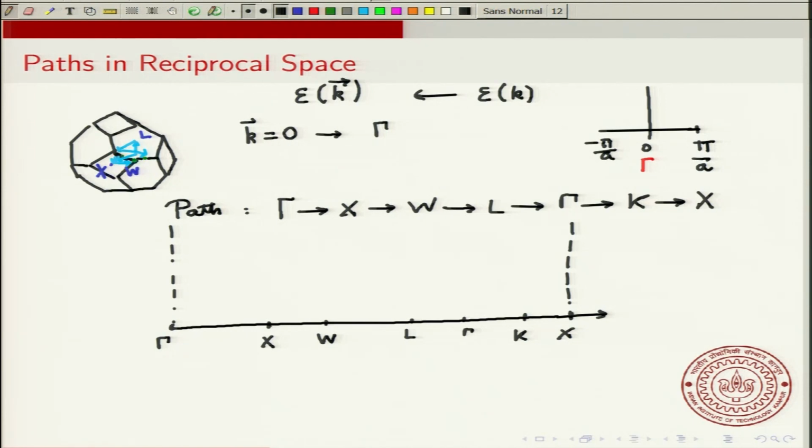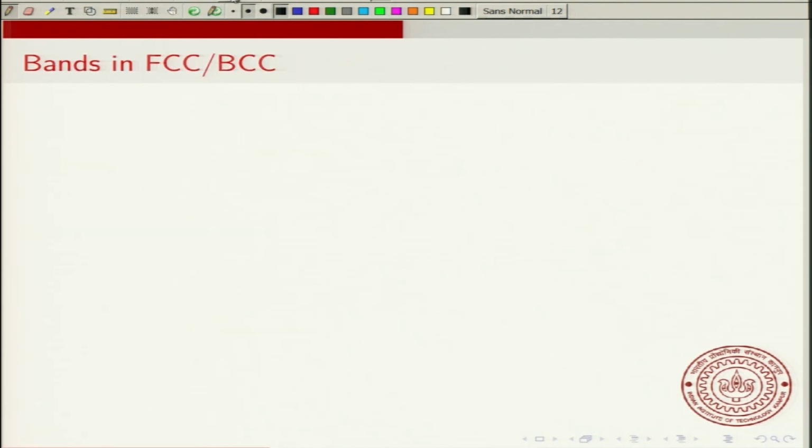Okay. So if you look at a typical band structure of, let us say, an FCC, okay, so let us take an FCC. So the reciprocal lattice is BCC, and the Wigner-Seitz cell is a truncated octahedron.